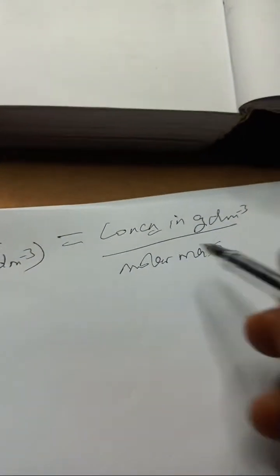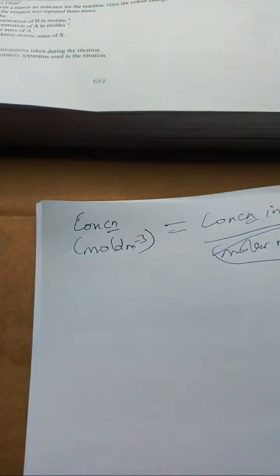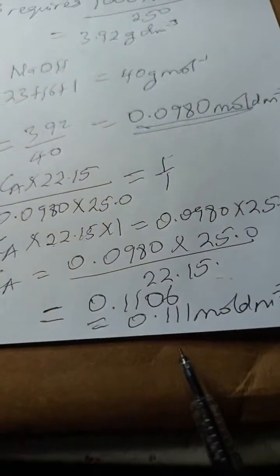Now, we have to calculate the molar mass. So we need the concentration in moles per dm cube, which has been calculated, the one we just got.